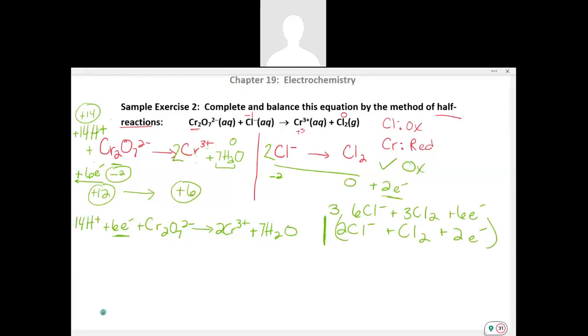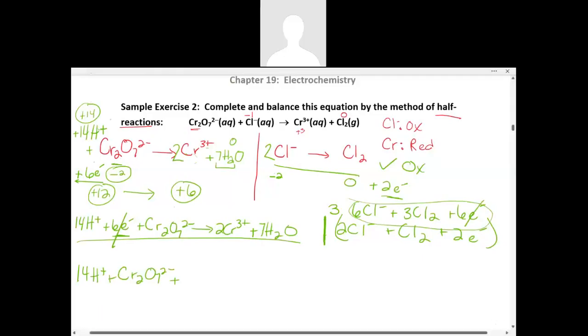I'm going to use this new equation to add to this half equation, and overall we will get 14 H plus. I'll cancel out those electrons. Then we'll have plus our next reactant, Cr2O7 2 negative. My other reactant from the other half equation, I'm going to have 6 Cl negative. That's it, right?